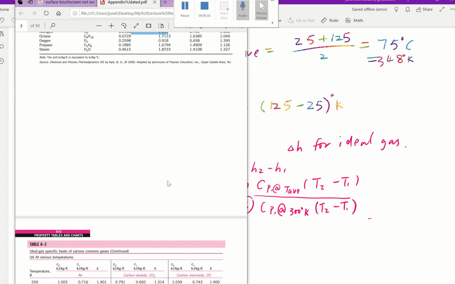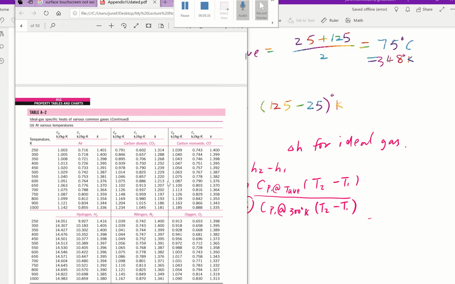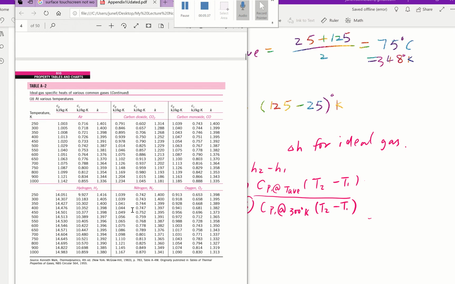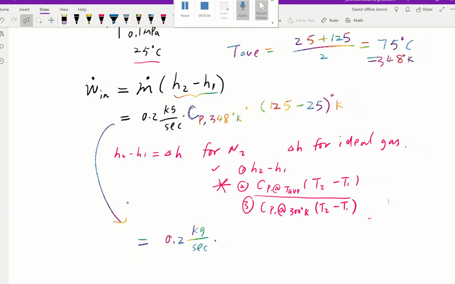But if there's a nitrogen table, which there is, our average temperature is 348, which is really close to 350. So that would be better than 300, right? Going across, our CP is about this value, 1.041, in units of kilojoule per kilogram per Kelvin.